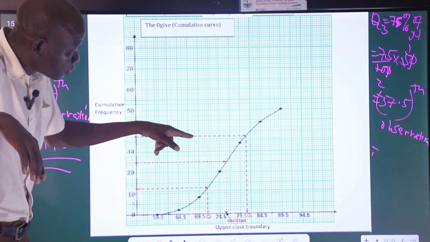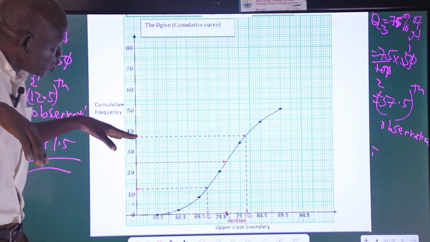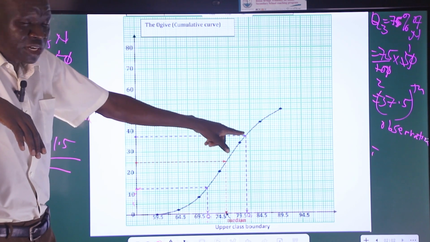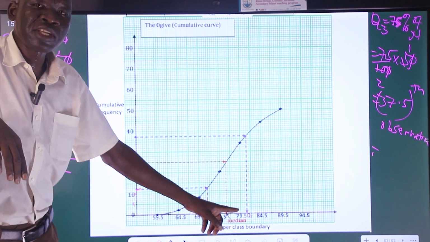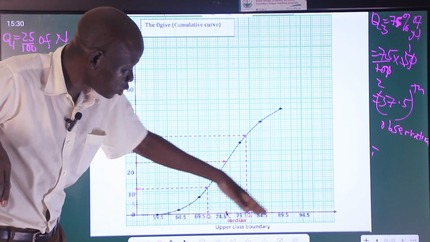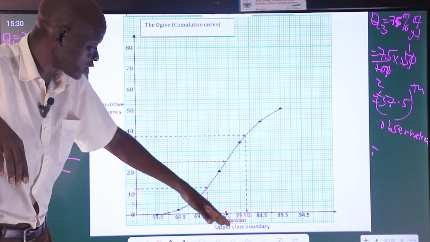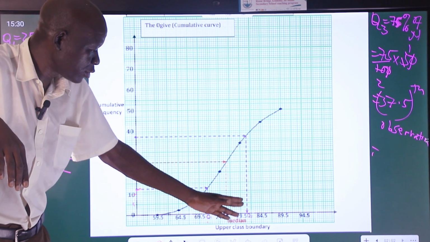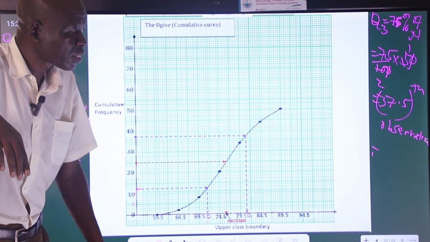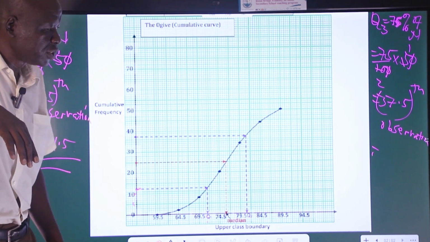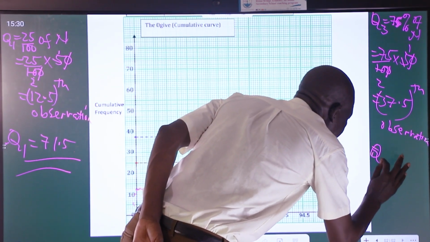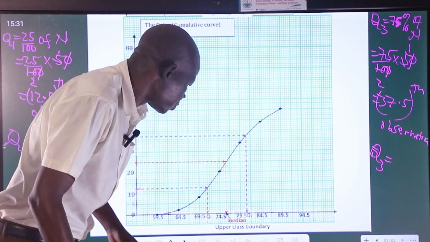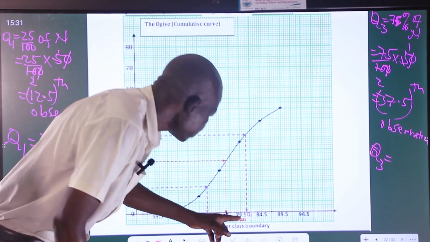Then you draw a line to meet the curve. Where it meets the curve, you draw another line downwards. The figure on the class boundary axis that this pointer meets will be the upper quartile, which is Q3.